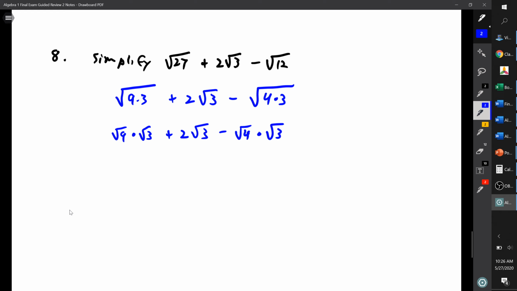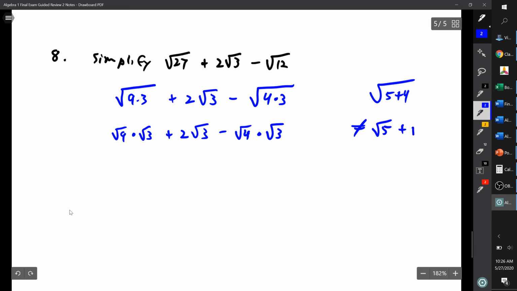Does not work with addition. So in other words, square root of, let's say, 5 plus 4 is not the same thing as the square root of 5 plus the square root of 4. It is not the same thing. So you cannot do that when there's addition going on inside the radical. You can do it when there's multiplication going on.